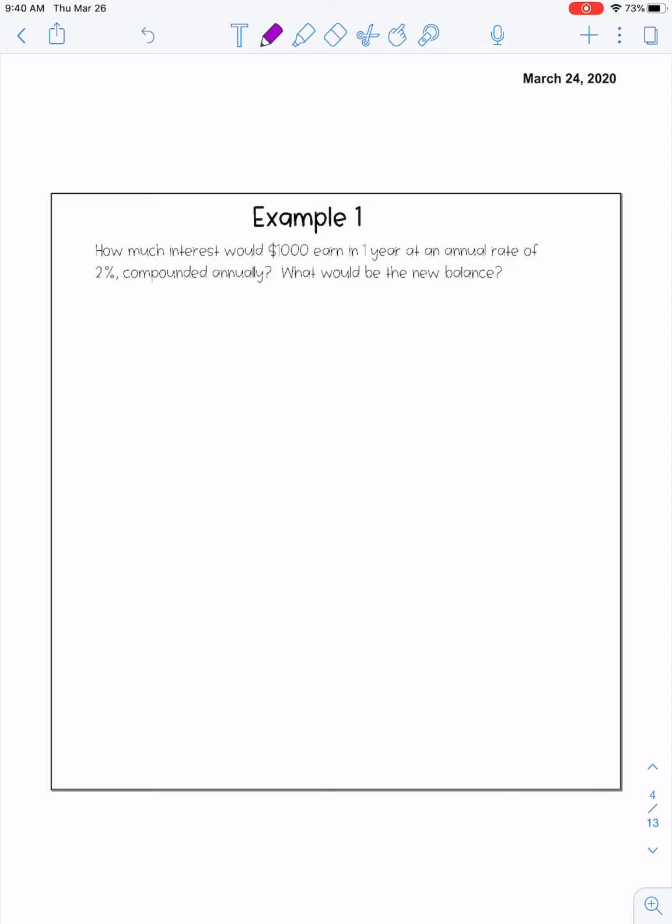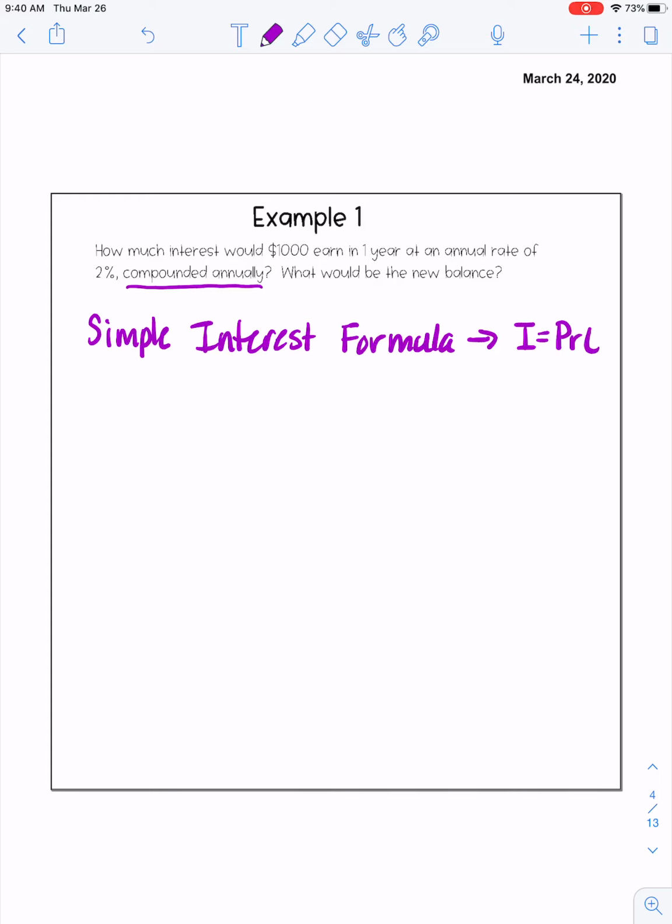Here it says, how much interest would $1,000 earn in 1 year at an annual rate of 2% compounded annually? That's the important one: it's compounded annually. Since it's compounded annually, we're going to use the simple interest formula, which we were using already before. If you remember, it's I equals PRT. My P in this case is 1,000. My R is 2%, but I have to convert that to 0.02.